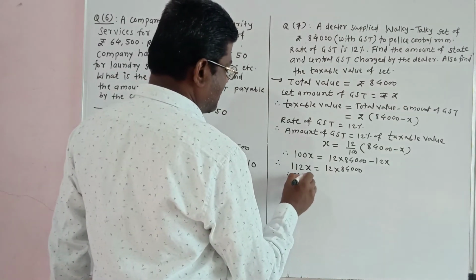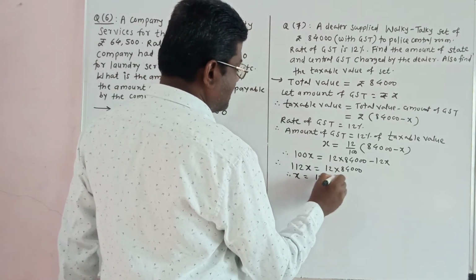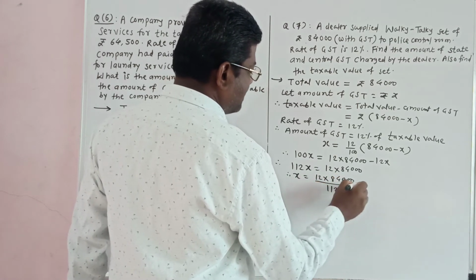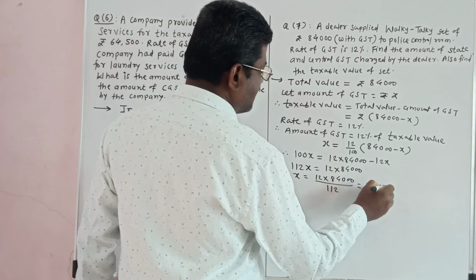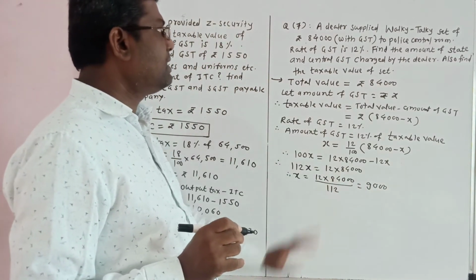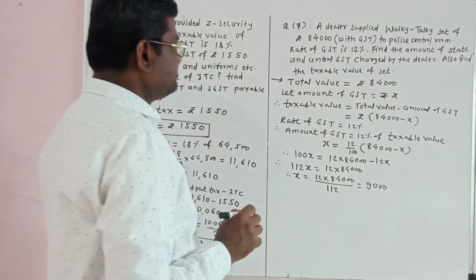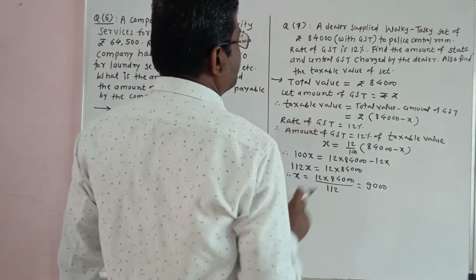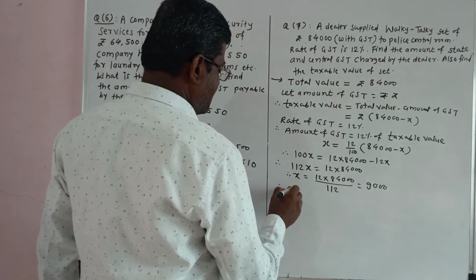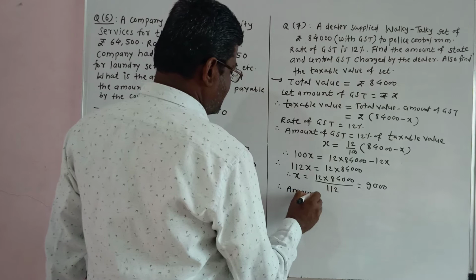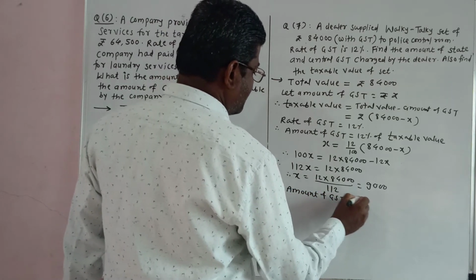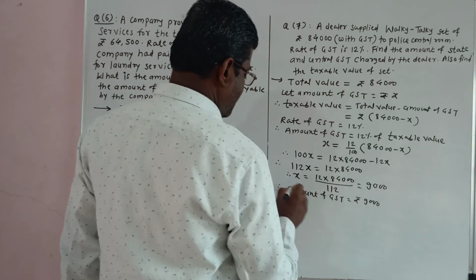Therefore X is equal to 12 into 84,000 upon 112. If we do the calculation, we get 900. Amount of GST is equal to rupees 900.